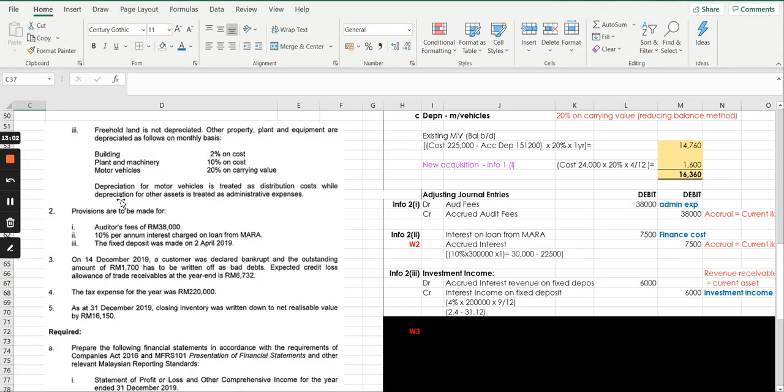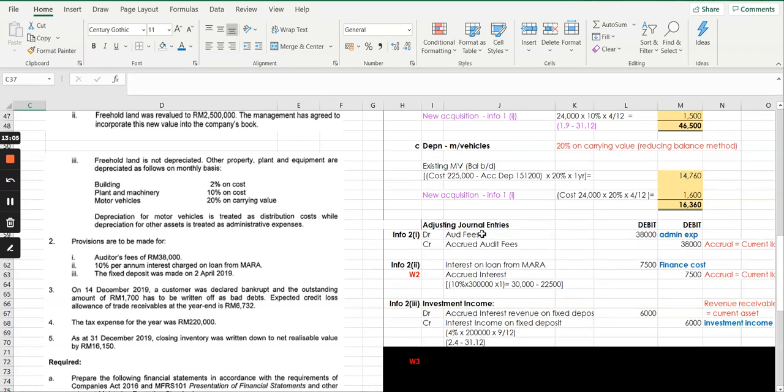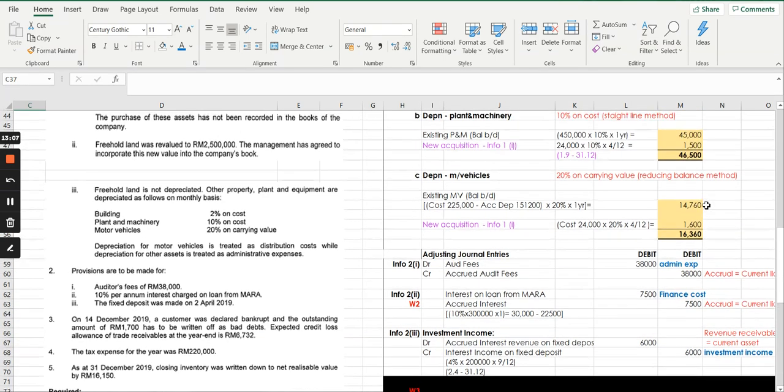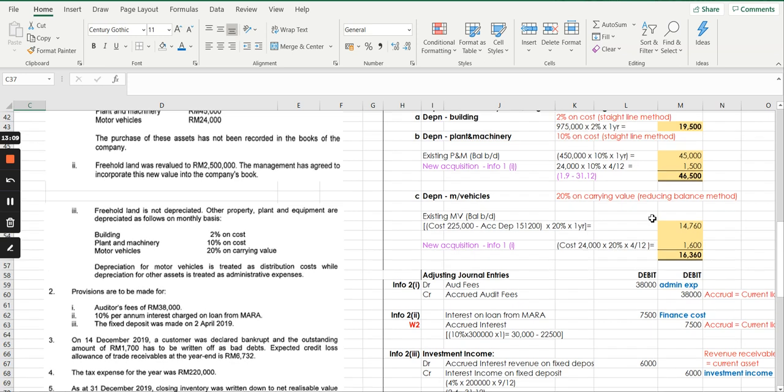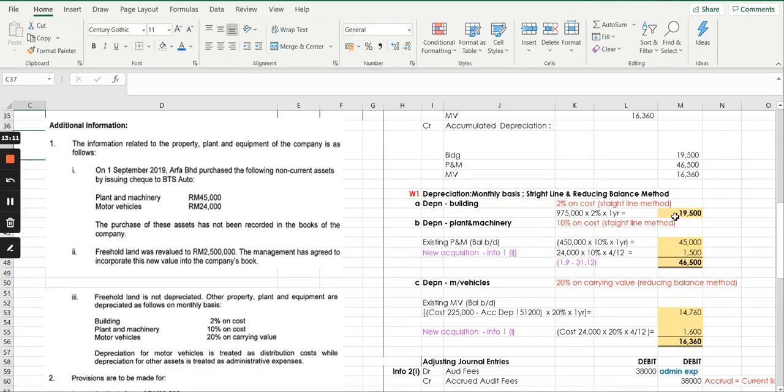Okay, remember one more thing that I have forgotten just now is on depreciation. Sorry, I have forgotten about where to put the depreciation, apart from just putting them in the admin expenses and distribution expenses. One more thing that you need to understand is that this total also needs to be put in your notes to the PPE, right?